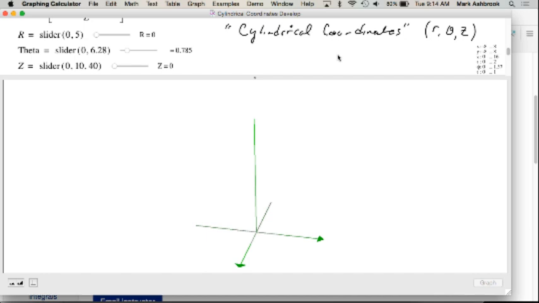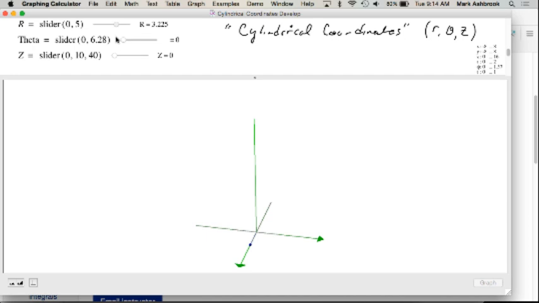So, for instance, r is distance out from the z-axis. Theta, standard trig angle. So this is r equals 4.3, and then theta is 2.4 radians, so we're in the second quadrant there.